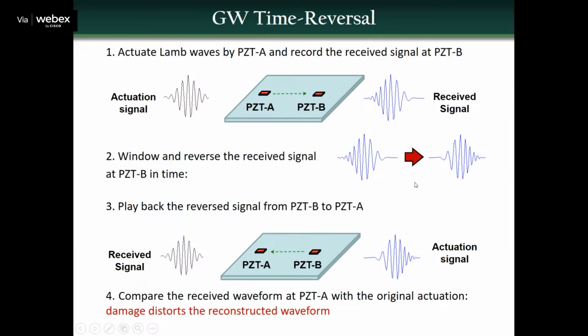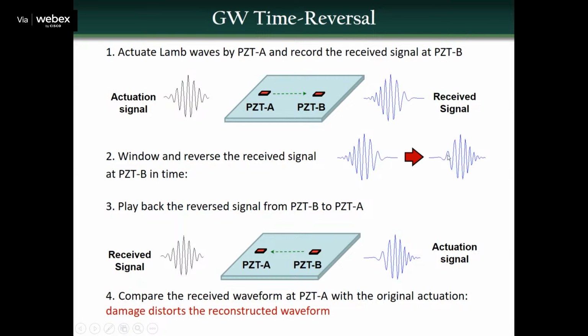You window and reverse the received signal. Mathematically, you're applying the time reversal by flipping the sign of time t. A simple illustration here is just to flip the waveform along the t equals 0 axis, right? So you flip it to get the time reversed signal.